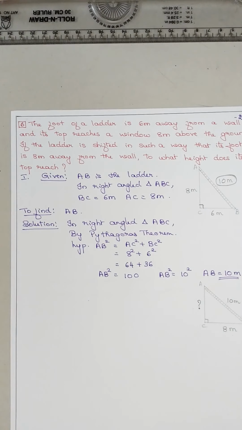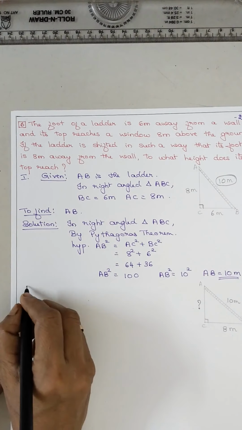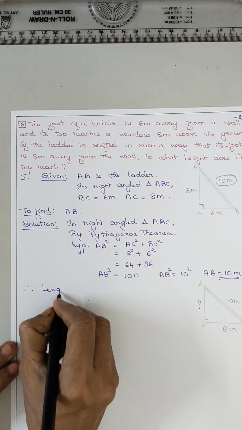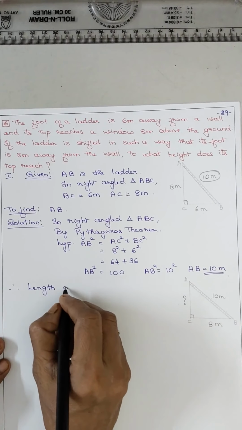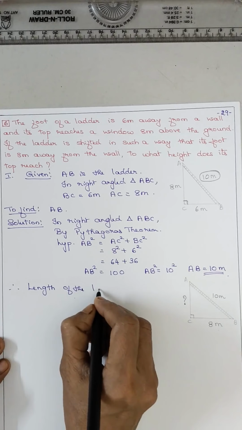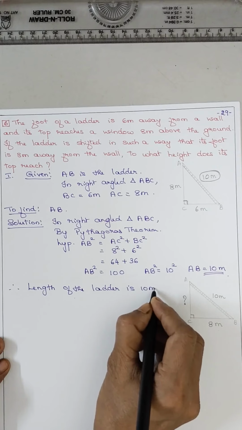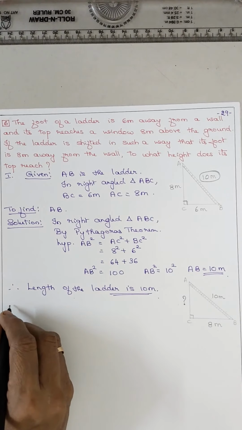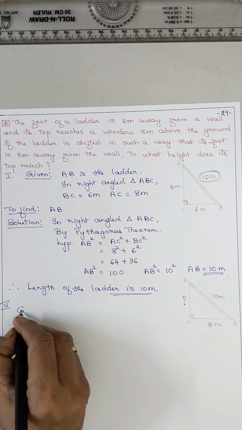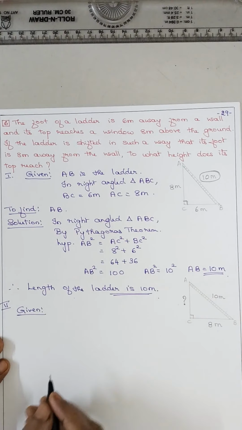Now find the third side. So in the second, therefore the length of the ladder is 10 meter. Now take the second given, again you have to draw the figure, isn't it?